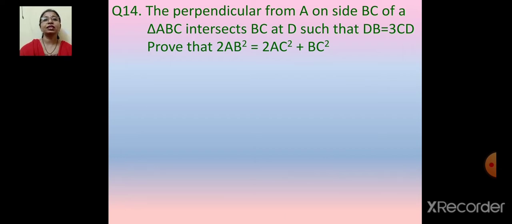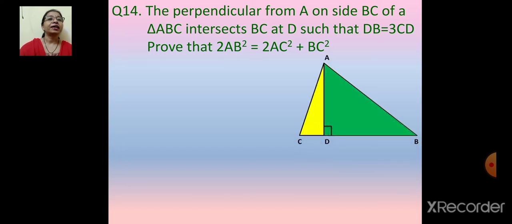Question number 14. The perpendicular from A on side BC of triangle ABC intersects BC at D such that BD is equal to 3 times CD.